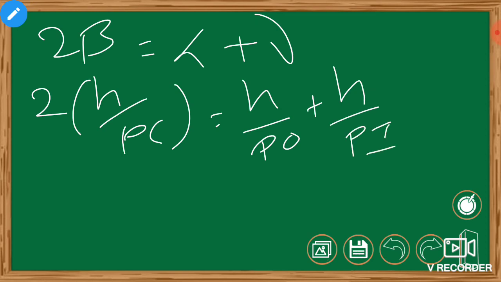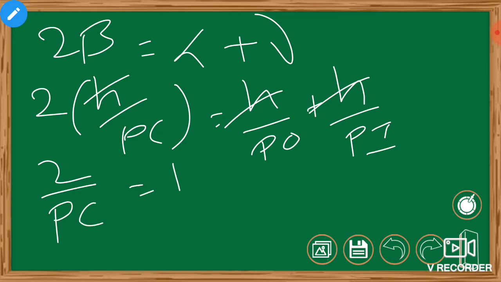On both the LHS and RHS, we can cancel the value of H from both sides. Then the equation becomes 2 by PC equal to 1 by PO plus 1 by PI.